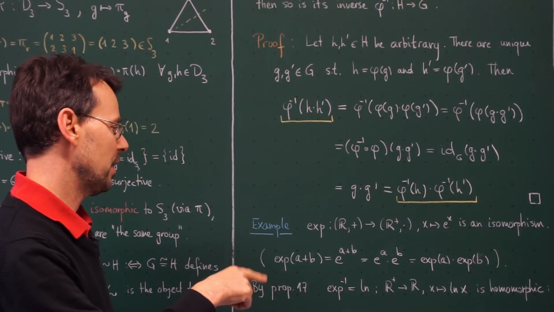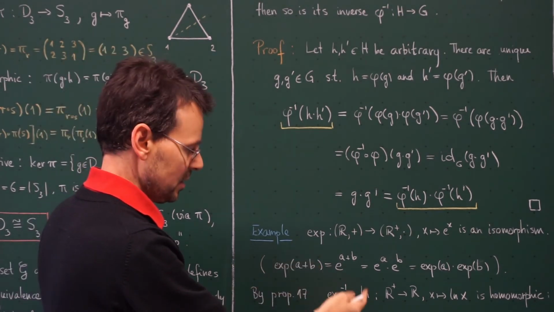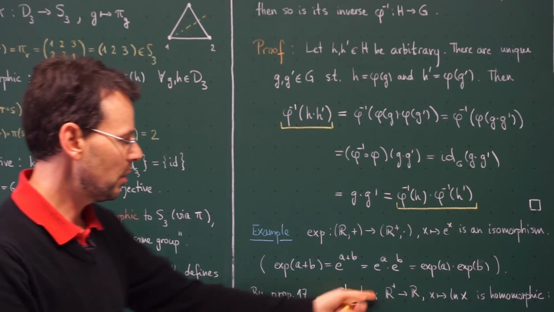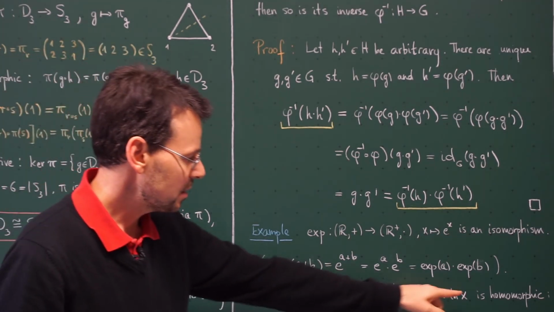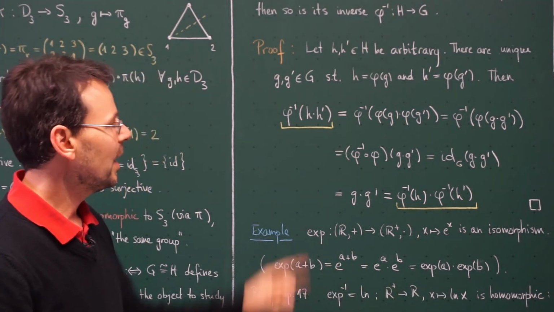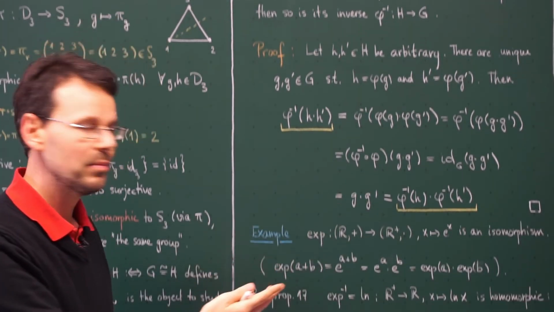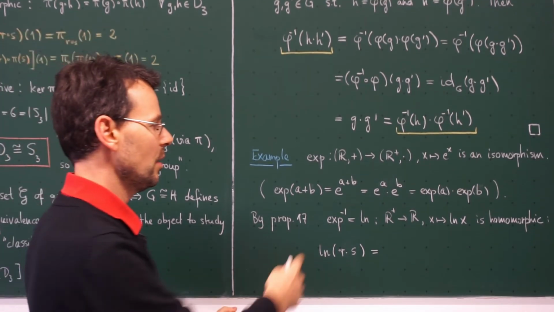Now the interesting part is that it has an inverse function, which of course is the natural logarithm going in the other direction. x gets mapped to ln x. And now this proposition asserts that this is automatically a homomorphism. What does that mean?